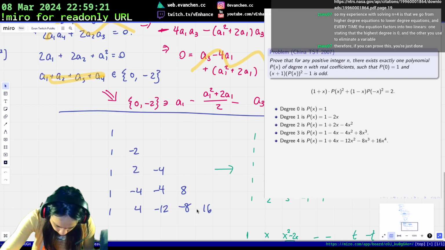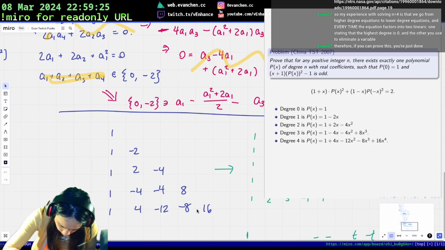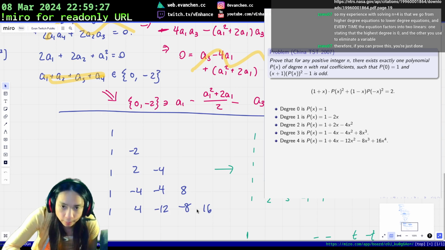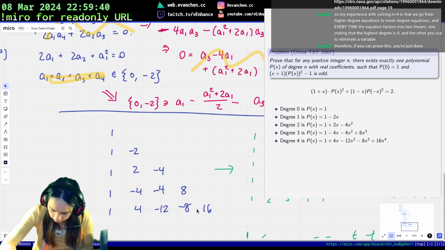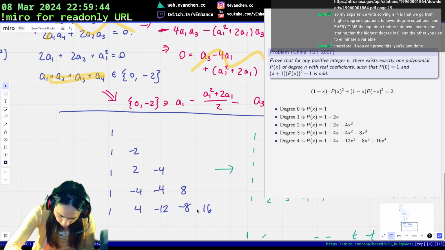What is it? It's like a1 over 2 squared. If I call this one... here, I'm going to try to guess the next row.